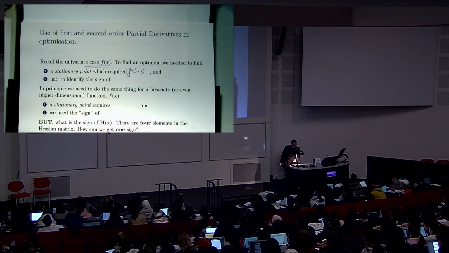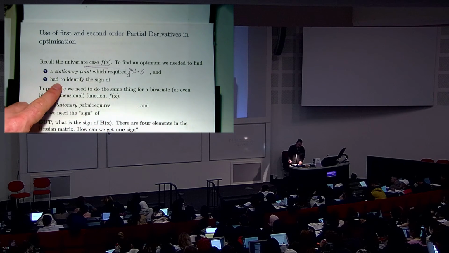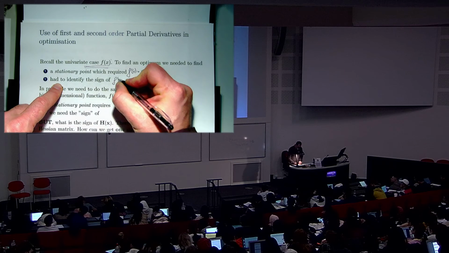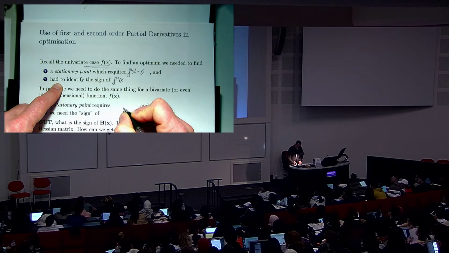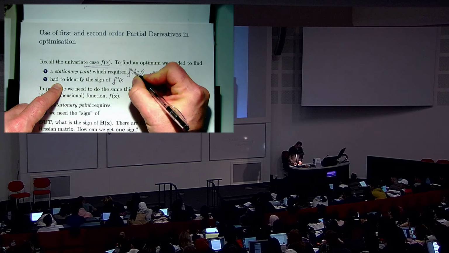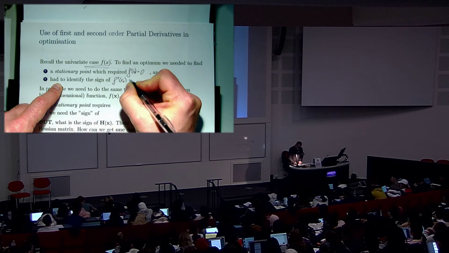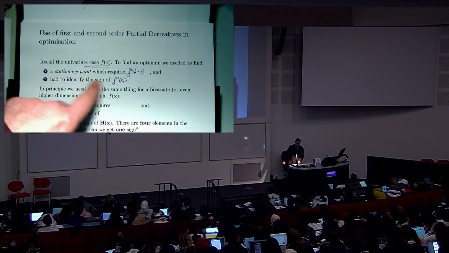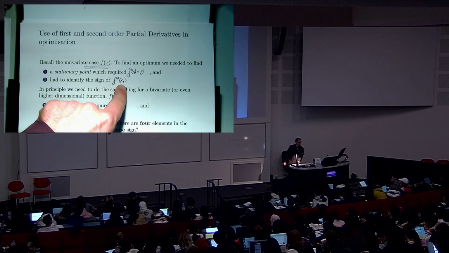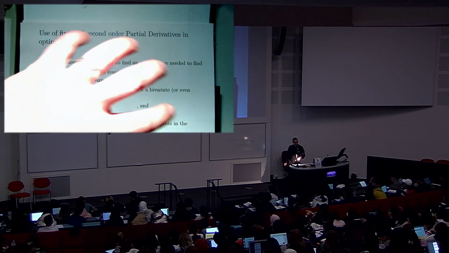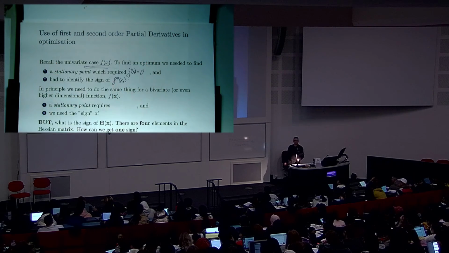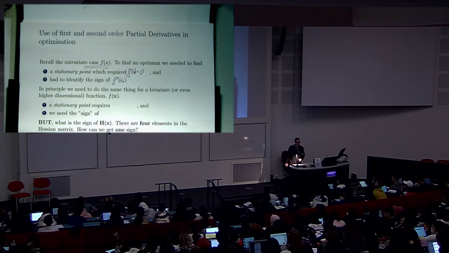And then we had to identify the sign of the second derivative at that point, x0. That would tell us which way the function was bending and whether we had a local minimum or maximum.